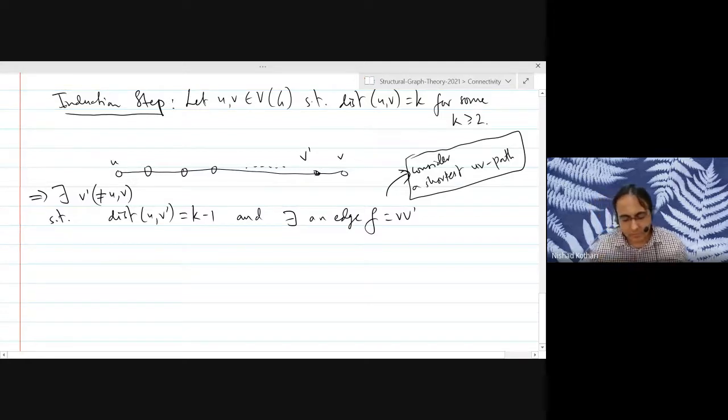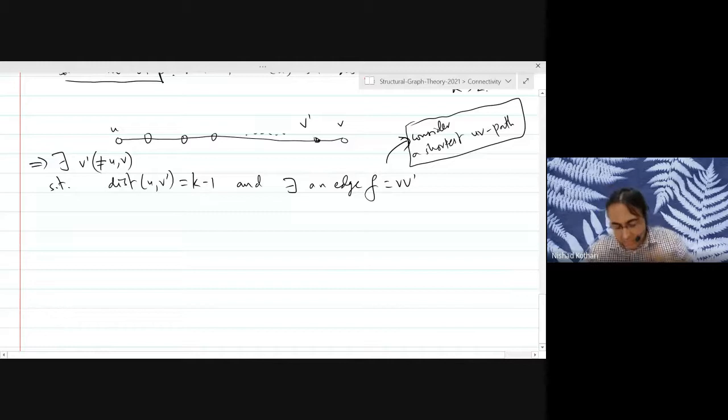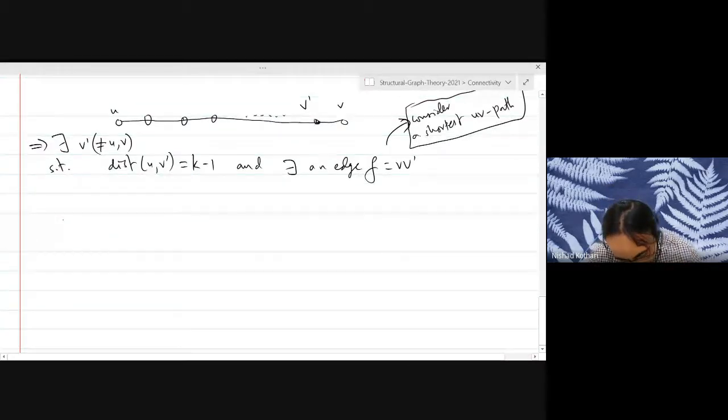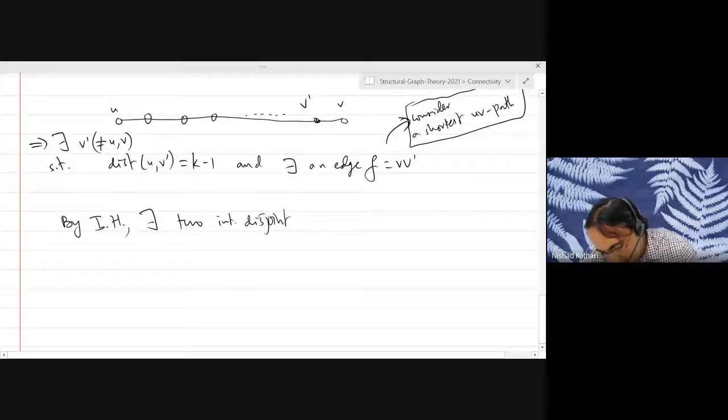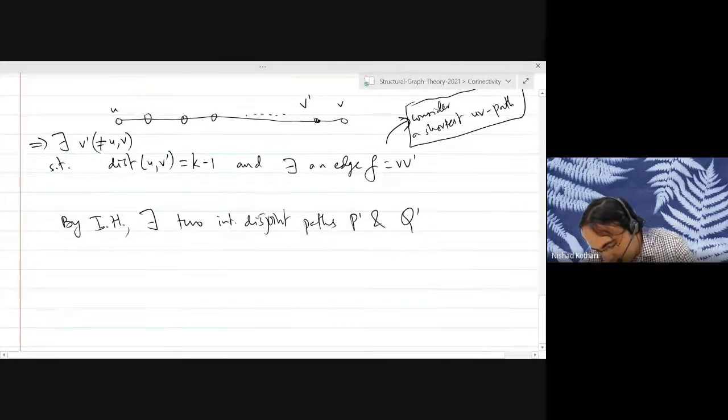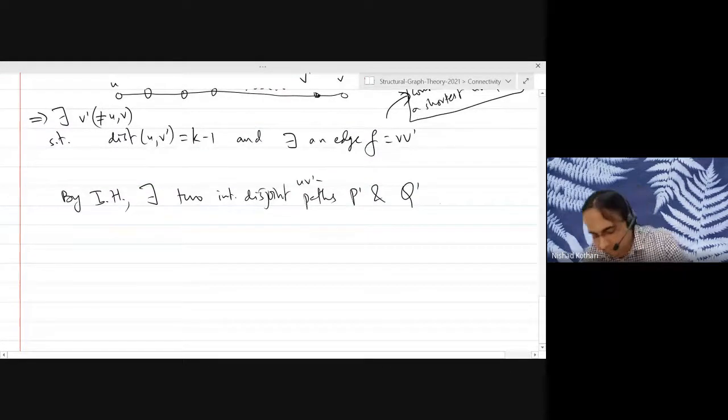So now we can invoke the induction hypothesis for U and V prime. By the induction hypothesis, there exist two internally disjoint paths P prime and Q prime. These are U V prime paths in the graph G.